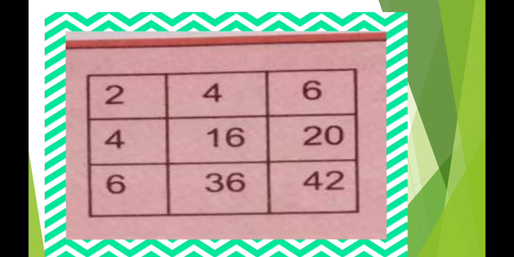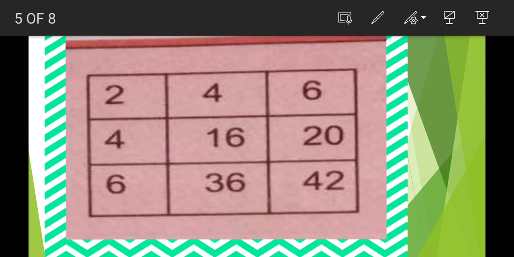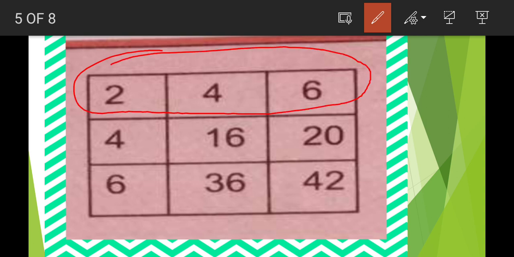In this question, the concept used was the application of two imaginary operations, which are imaginary times 2 and imaginary plus 2. I'm considering the horizontal numbers now: 2, 4, and 6.